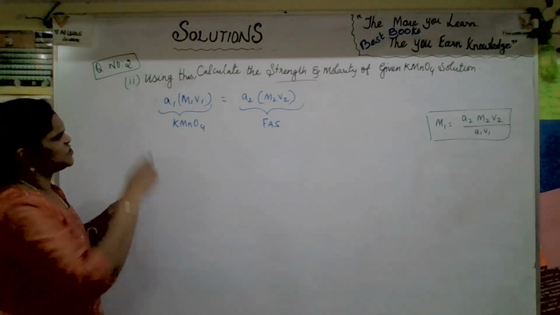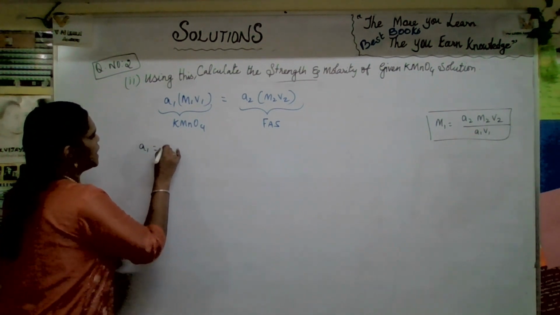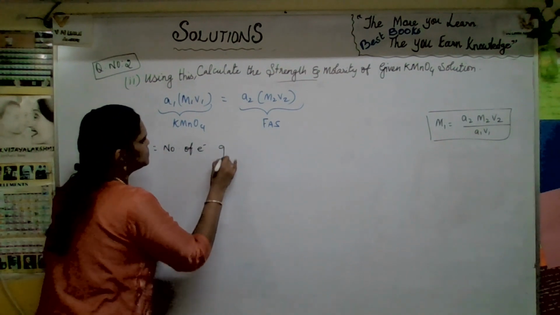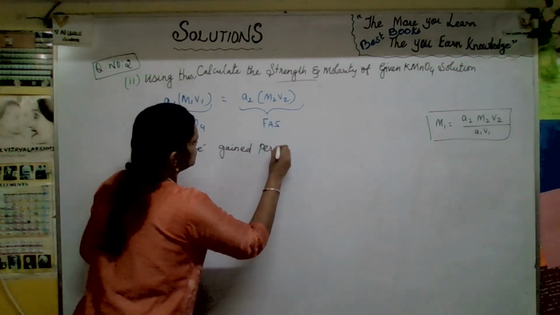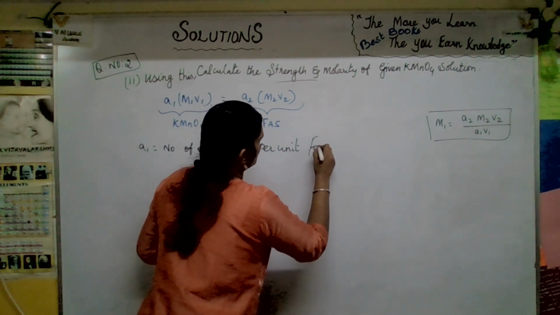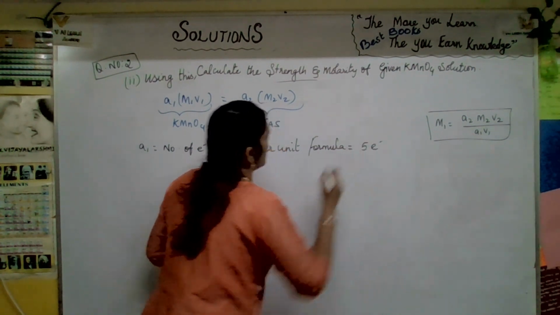Okay, now let us check each and everything. A1 is equal to the number of electrons gained per unit formula. So here how many? 5 electrons.